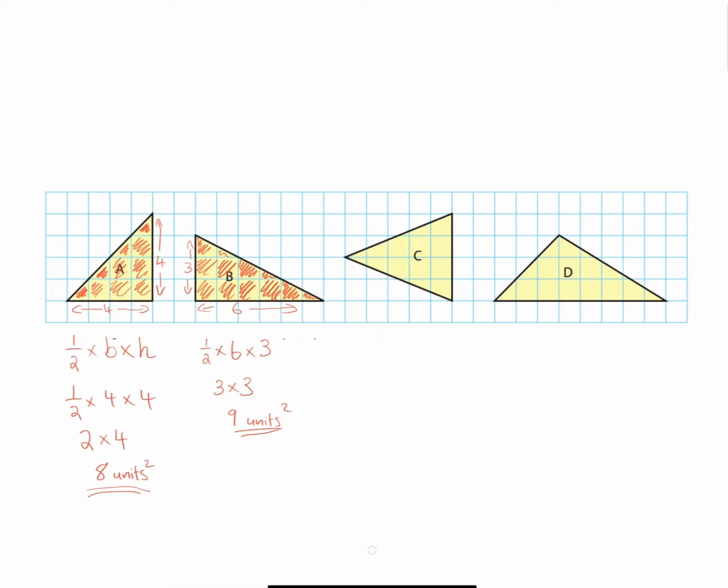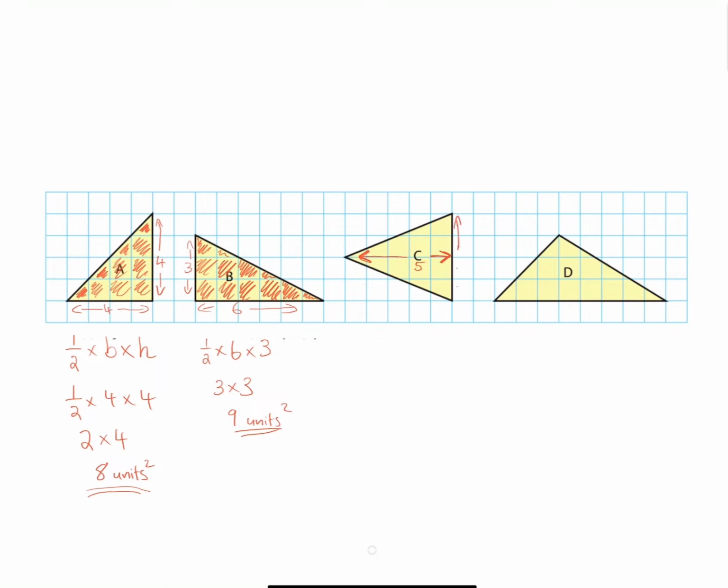Now, here is where you might have made a mistake. With C, you have to imagine that the triangle has been turned on its side, okay? So the height is the arrow that I'm drawing now. So you have to imagine that the triangle has been knocked on its side. So it's 1, 2, 3, 4, 5. The height is 5. And the base is 1, 2, 3, 4.